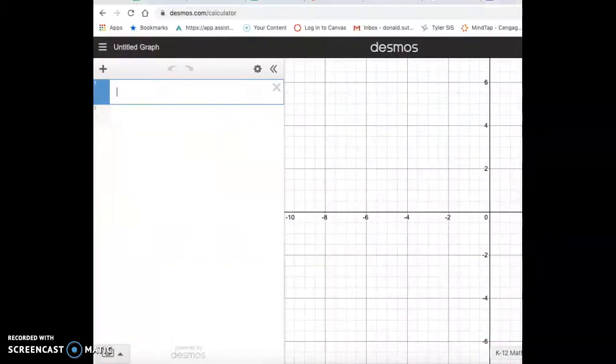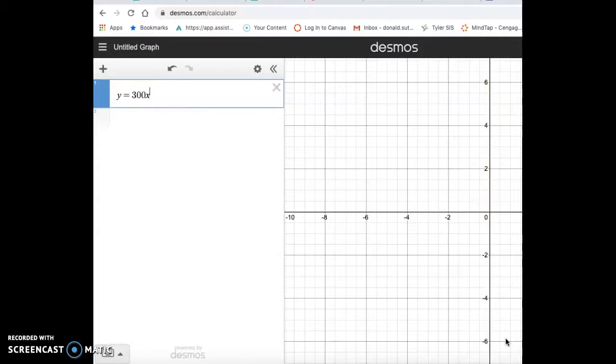So I'm going to switch to Desmos. Let me jump over here. So I have Desmos. I'm going to enter the first equation, and I'm going to say y equals 300x. Now I'm using the caret. It's above the 6.